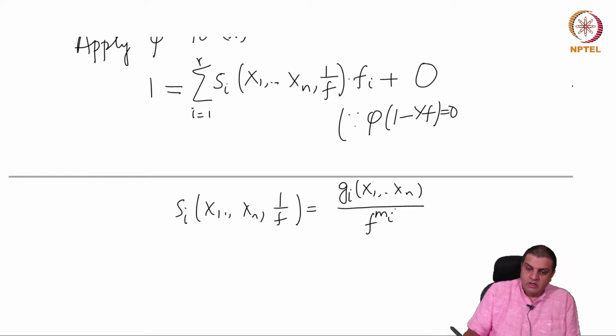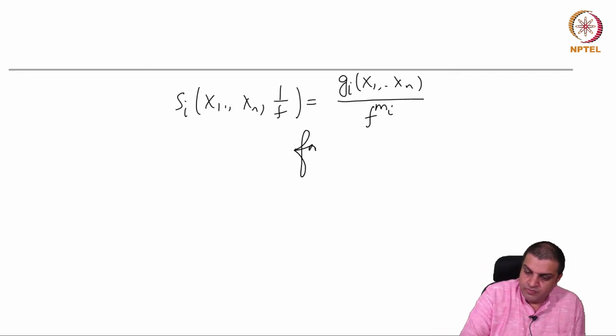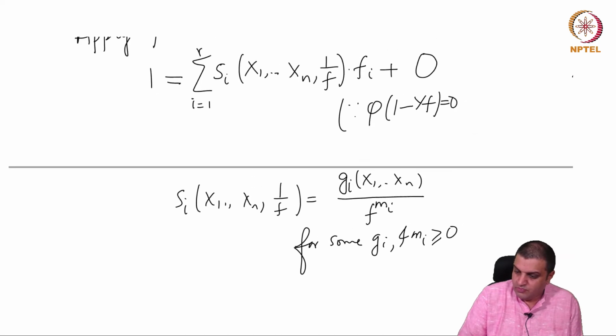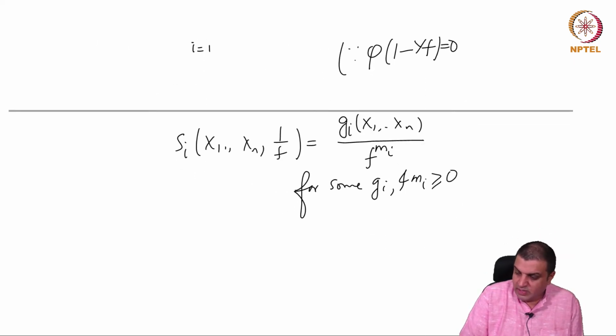So that gives us, for some gi and mi greater than or equal to 0, gi is just a polynomial. So we can write it like this.